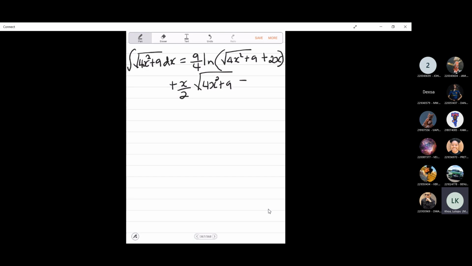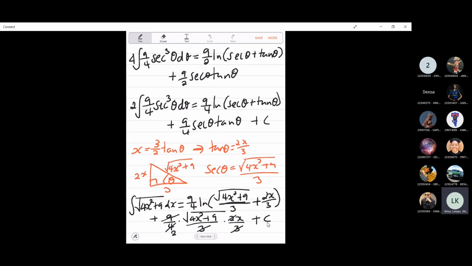And here we still have a constant, but this constant here is different from this one because we've added the constant that we get from this denominator over here.